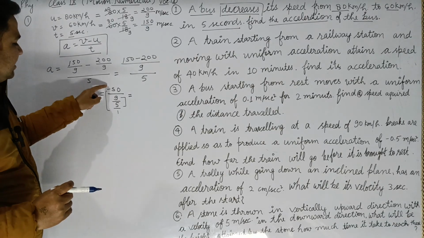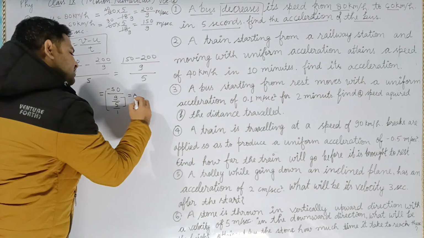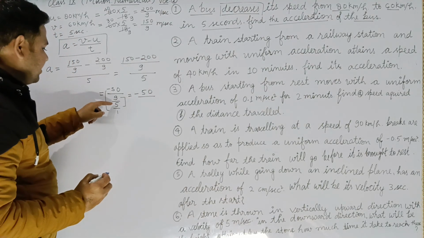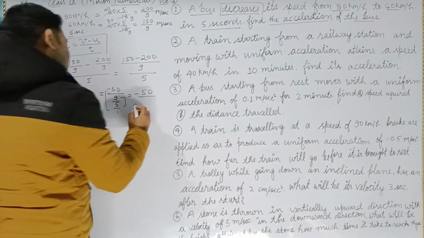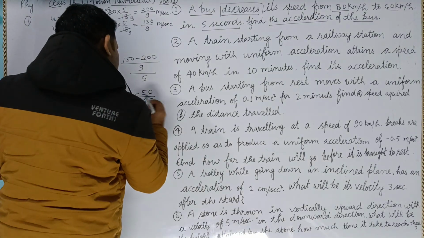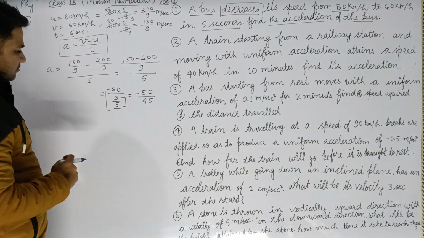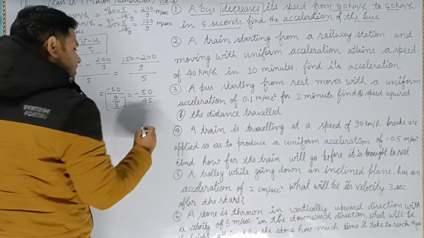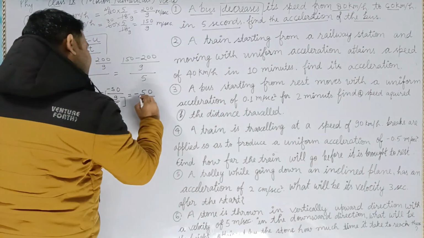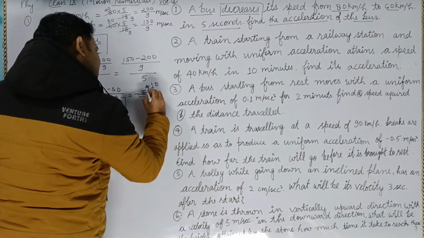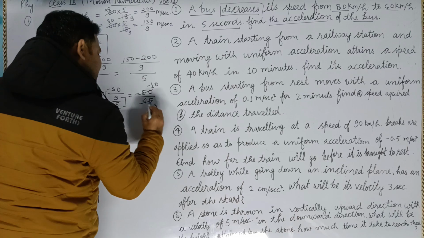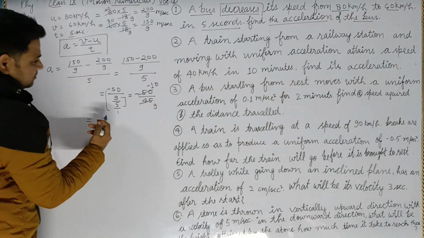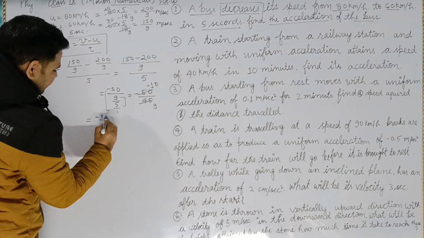So minus 50 into 1 is minus 50, and 9 fives are 45. We cancel by 5: 5 tens are 50 and 5 nines are 45. We get the result minus 10 by 9.